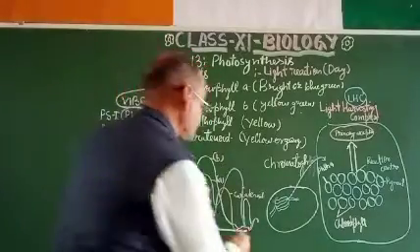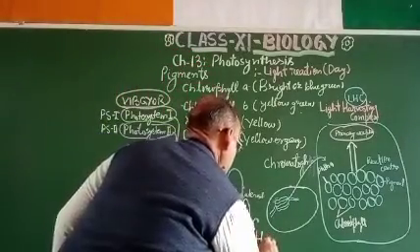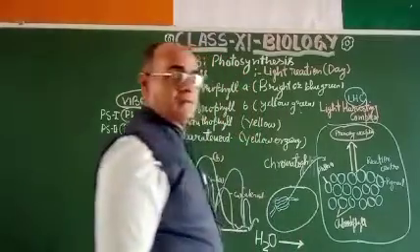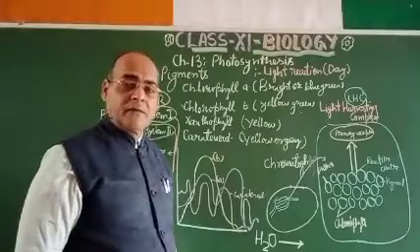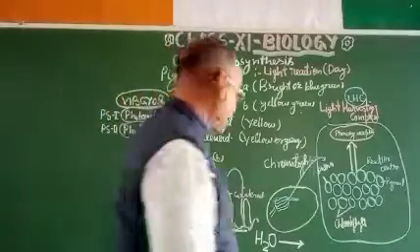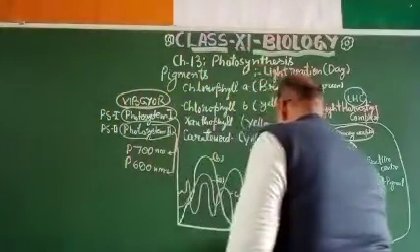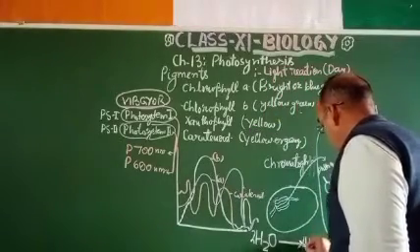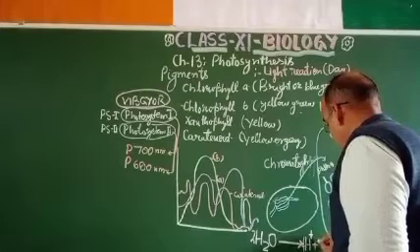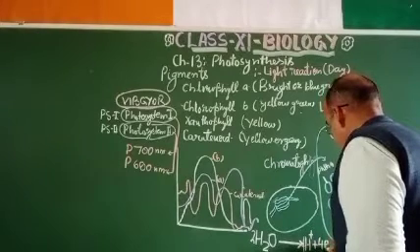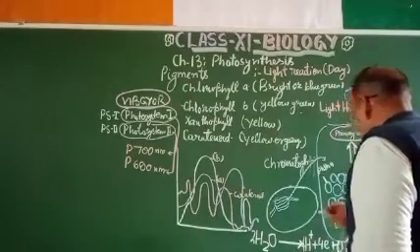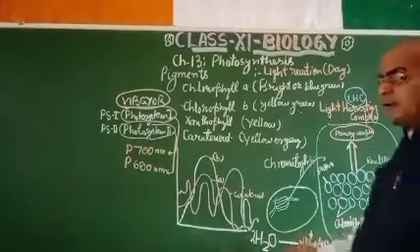H2O, that is going to photolyze. Photolysis of water takes place, which results in the formation of 4 hydrogen ions plus 4 electrons plus O2, from 2 molecules of H2O, and O2 will be released. So this is the splitting of water.